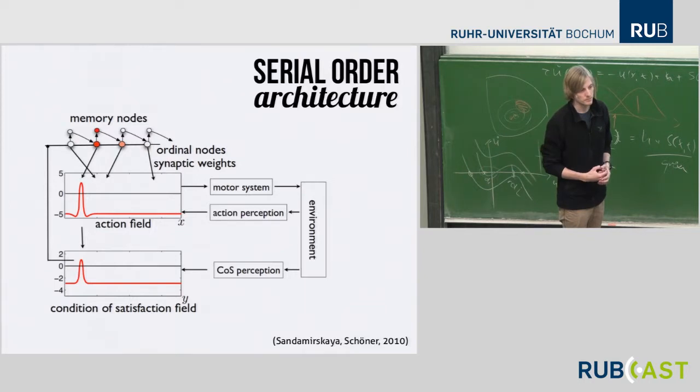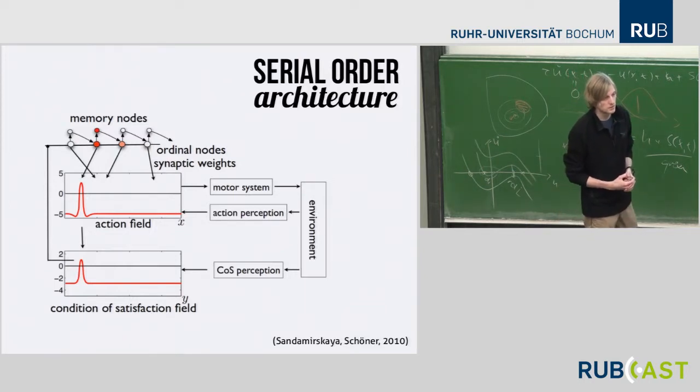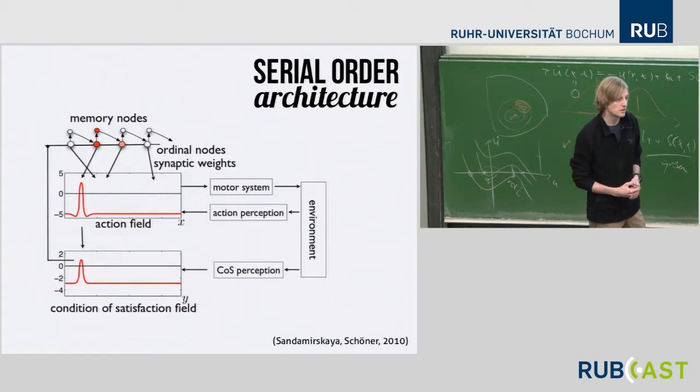And by the cameras, can you see if the object is successfully grasped or not? No, we can't. You have the condition of satisfaction field, but it's not for grasping per se. It's more for the behavior of closing the hand. You can see that the hand is closed, but you would have to put in some magic so that it knows that the object is in the hand.